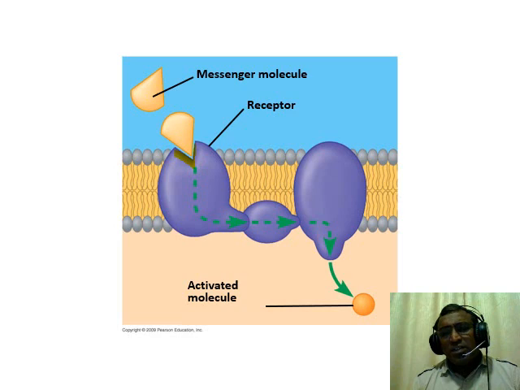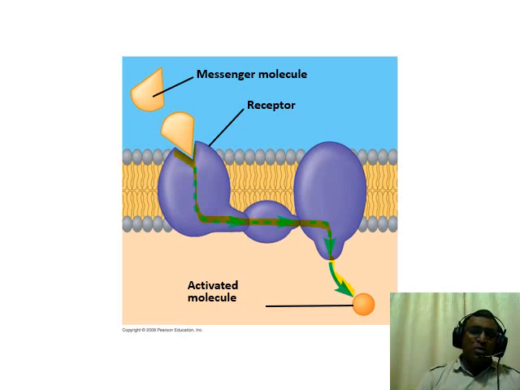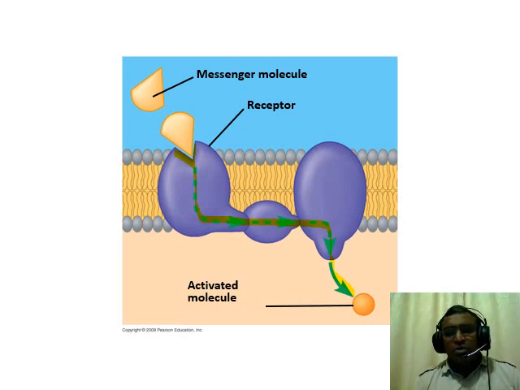And once it has received its messenger, the signal transduction will take place until it triggers the activation of another molecule inside of the cell, for instance G protein, and this activated G protein will then go and activate the protein channel to open up, and therefore it can do its function.